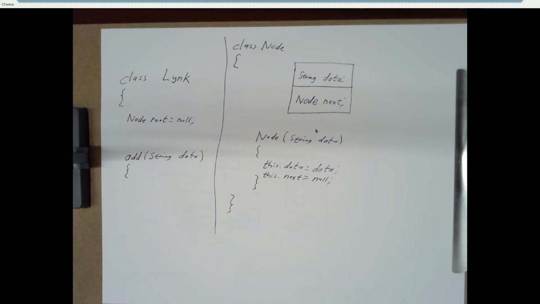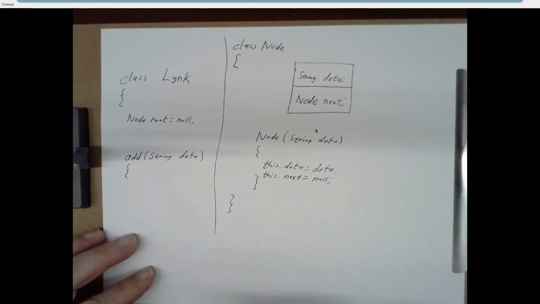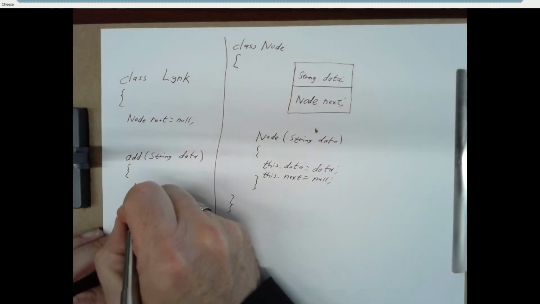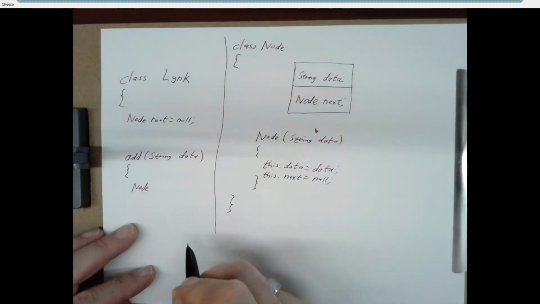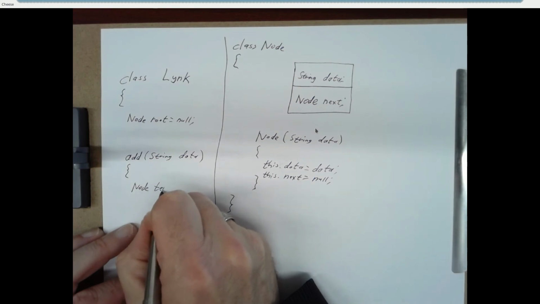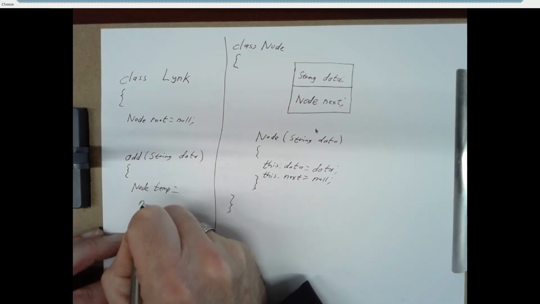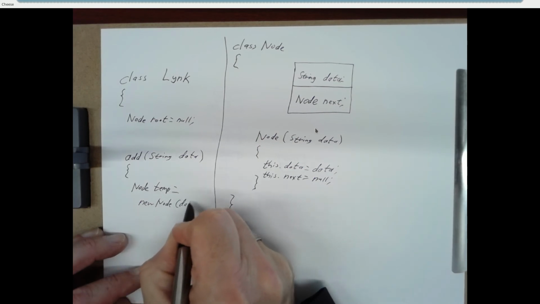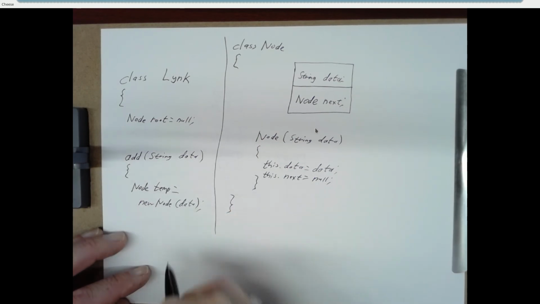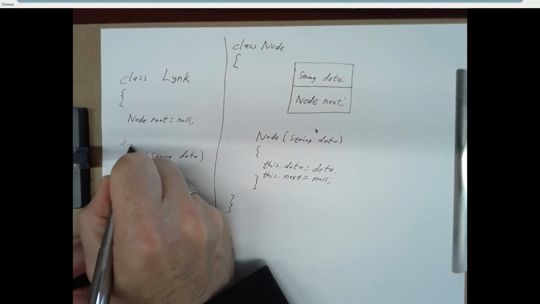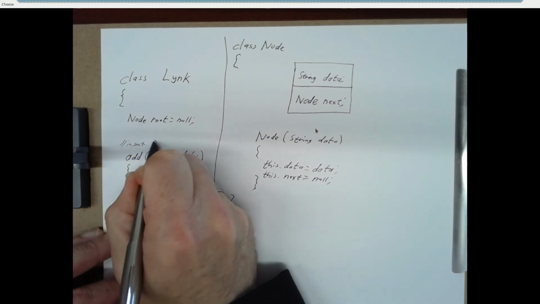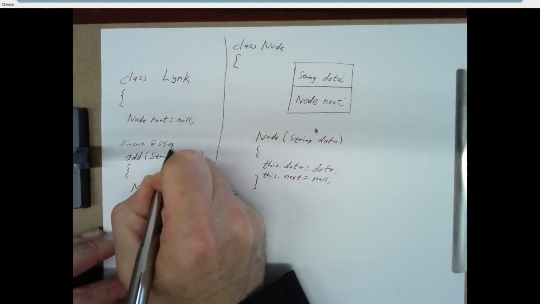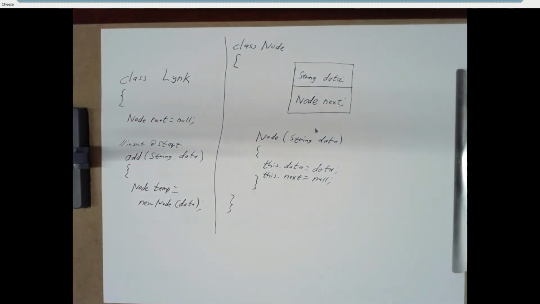Yeah. I think so. No, that's perfect. So let's create a new node. So node temp equals new node data. So let's insert in the beginning. So we'll insert at the start of the list. That makes our life a little easier.